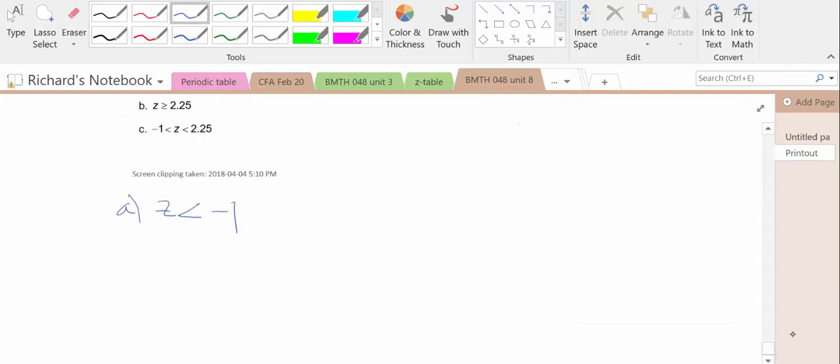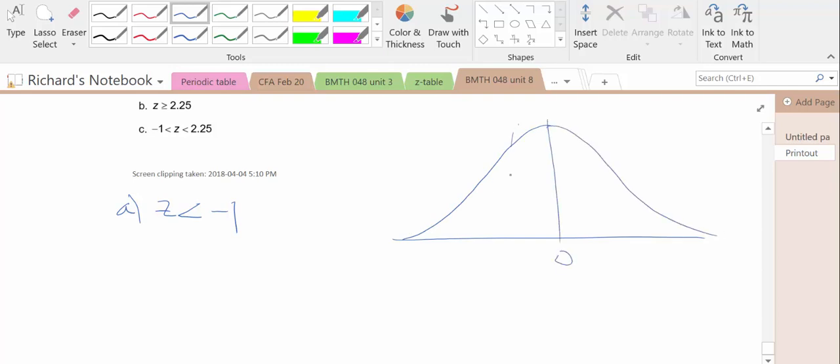So I want to find what percentage of values are less than z of minus 1. I'm going to begin by sketching a distribution curve. There's 0, and there's minus 1. Now, when I look up the value of z minus 1 on a z table, I am going to determine the percentage of scores between the mean, 0, and minus 1.